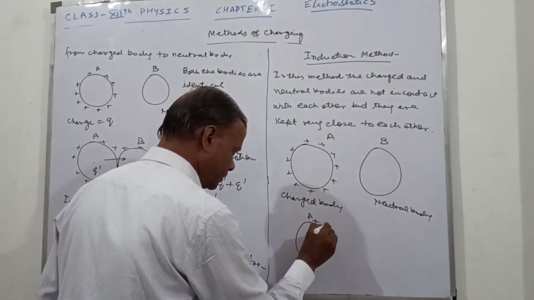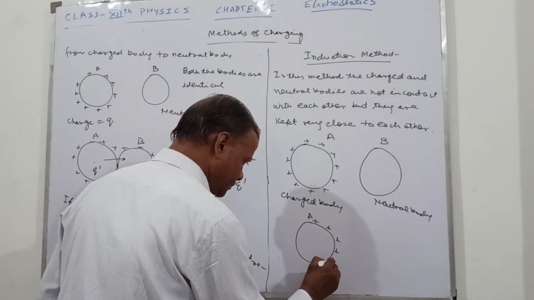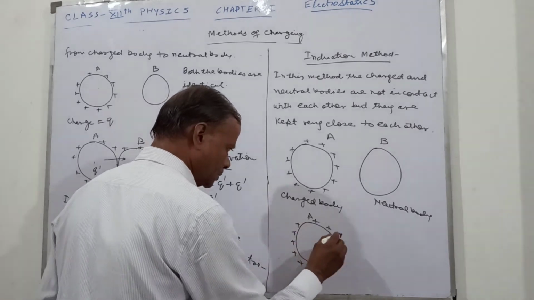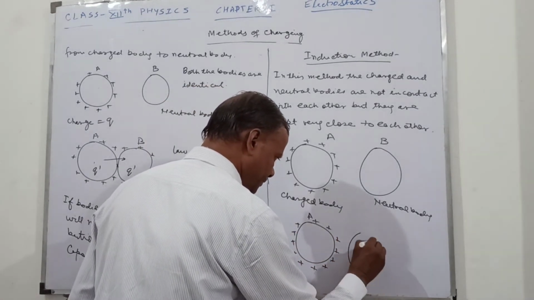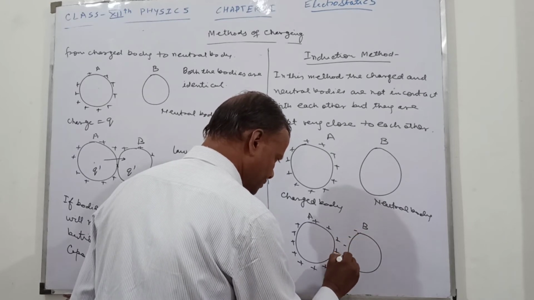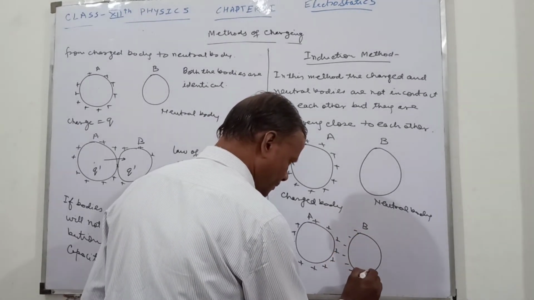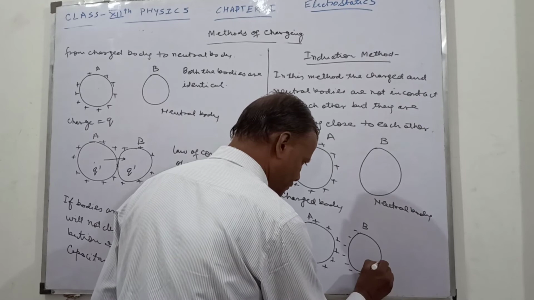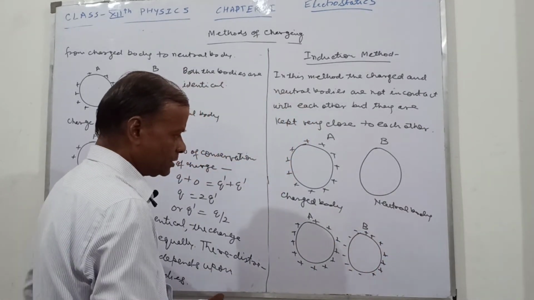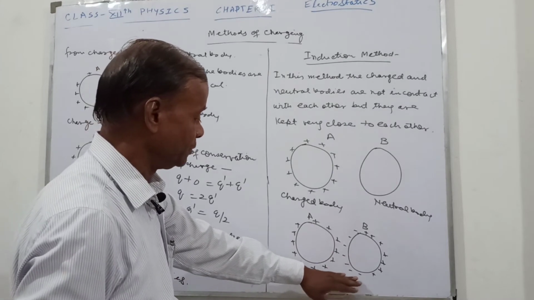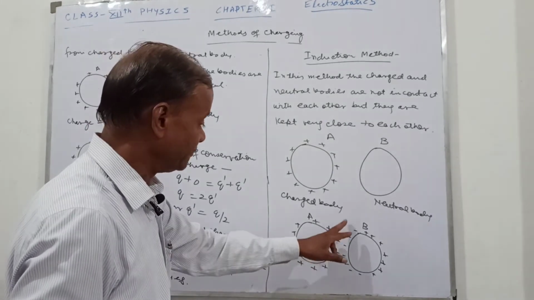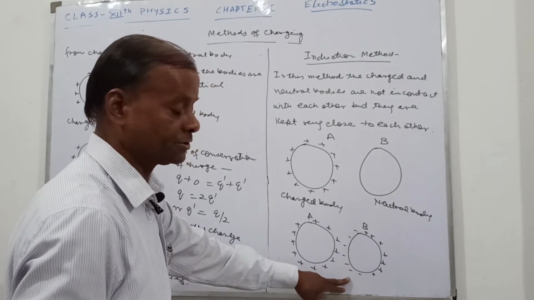This is now body A having a positive charge, and this is now body B, then it will have a negative charge, and the other face will have the positive charge. The face of the neutral body which is nearest to the charged body will get the opposite charge.